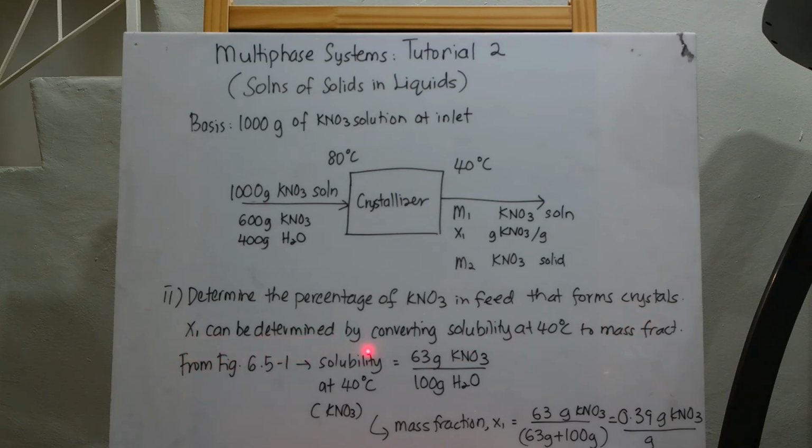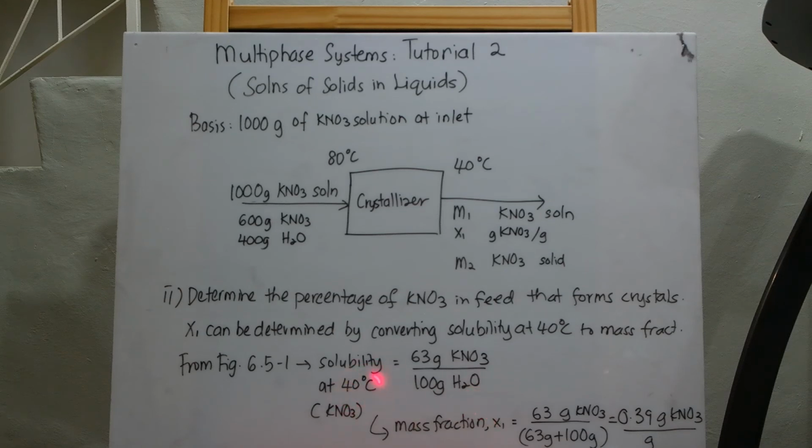x1 can be determined by converting solubility data at 40 degrees C to mass fraction. This we learned before, right? So we look into Figure 6.5-1 from your textbook. We obtain the solubility of potassium nitrate at 40 degrees C is 63 gram potassium nitrate per 100 gram of H2O.